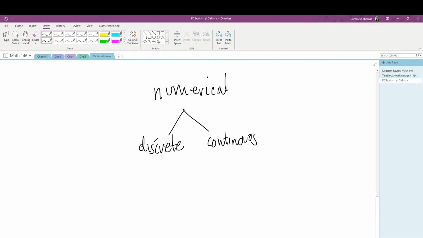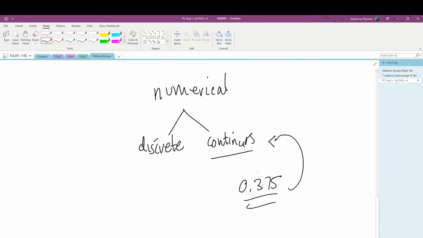Oh, I think I just misspelled that. I'm going to try that one more time. All right, we'll just leave it like that. Now, that data that they had, those were numbers like these.